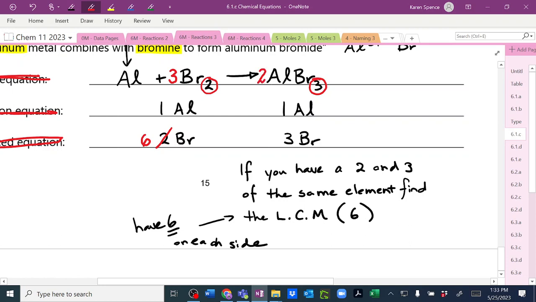Okay, and that's going to change my aluminum as well to a 2, and my bromine to a 6. So what do I have to do to fix it completely? I have to put a 2 on the left side in front of the aluminum, and now everybody is the same. 2 aluminum on both sides, 6 bromine on both sides. Okay.